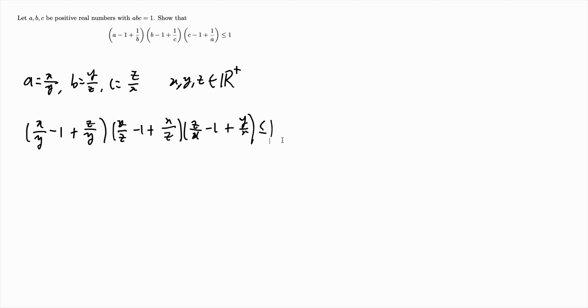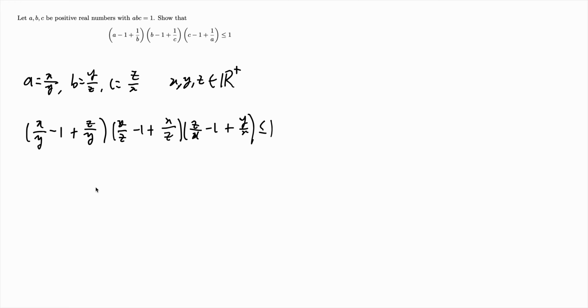So right now it's quite natural for all of us to just multiply x, y, z here to get rid of the denominators. But if it was written this way, it's really hard to see that we have to multiply it by 1 over xyz.